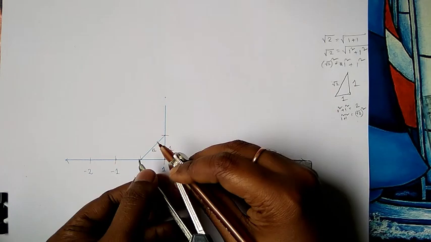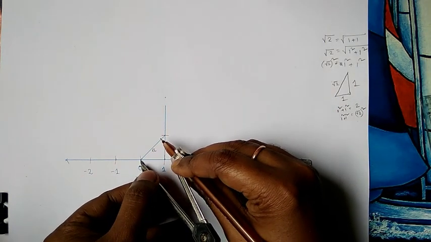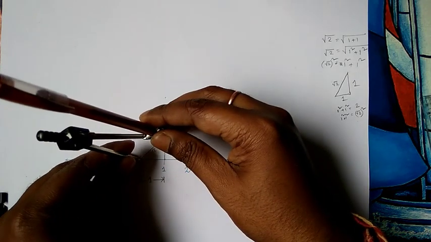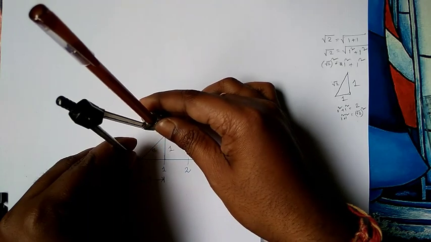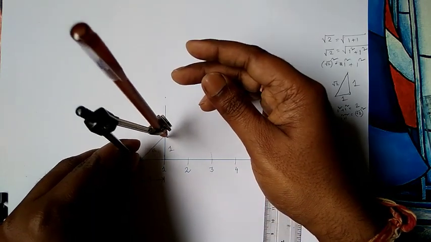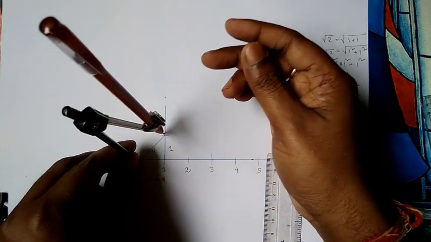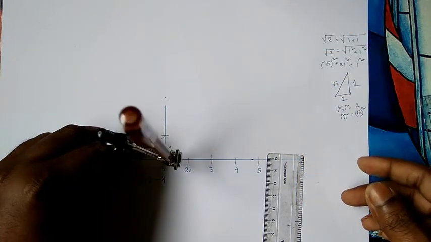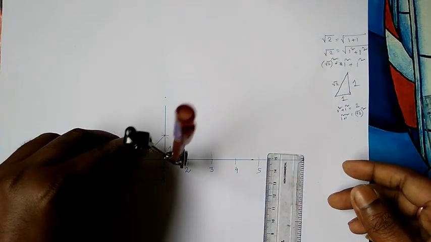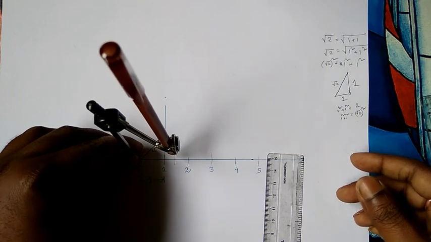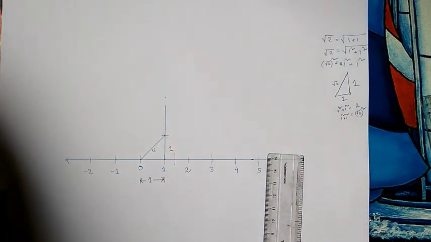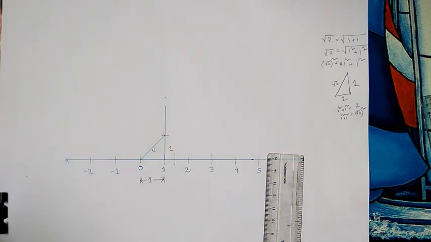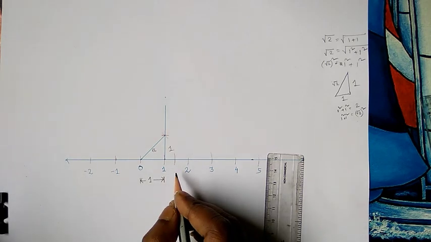Take the length from here to, correct, and you know that your question is to draw root 2 in a number line.